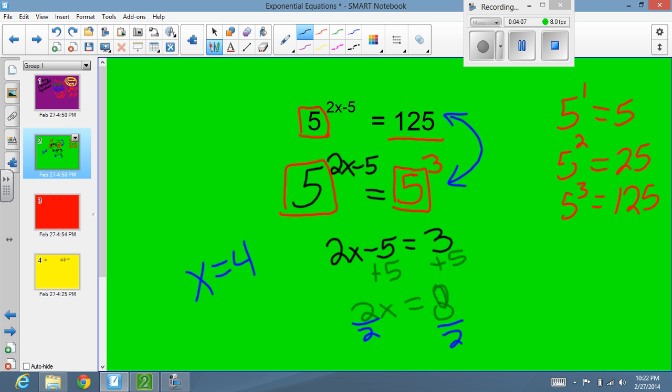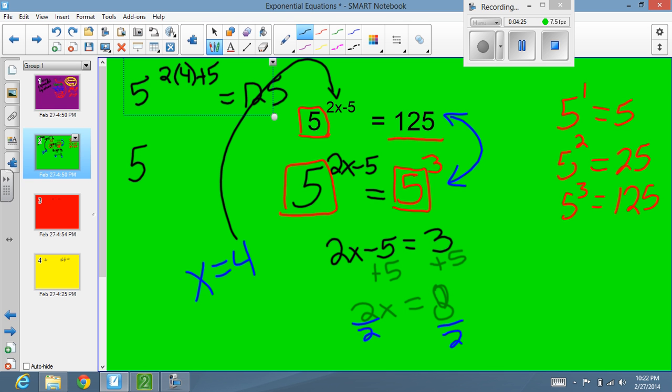Let's double check and make sure that this works. If I take that and put it right there, now what I have is 5 to the 2 times 4 plus 5 equals 125. So I end up with 5 to the 8 plus 5 equals 125.